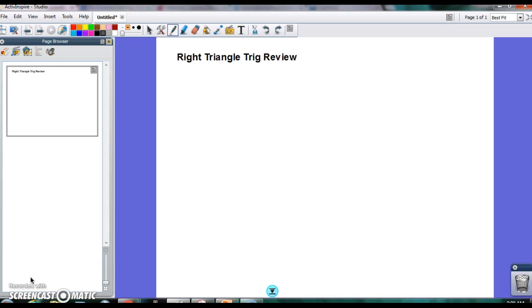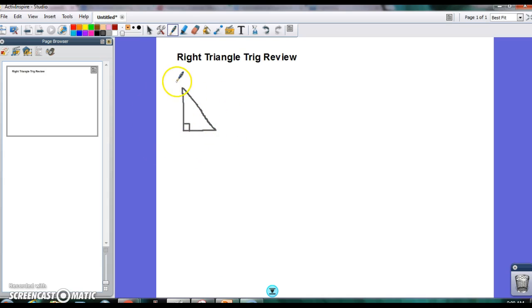If you remember way back when you learned about trig, we use right triangles. So if you have a right triangle, you have your right angle. The other two angles have to add up to 90 degrees, because the sum of the angles of a triangle is 180.